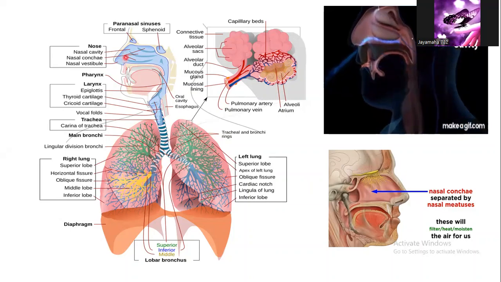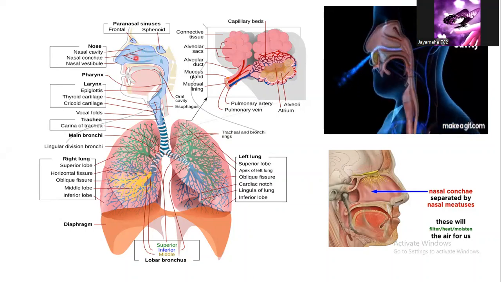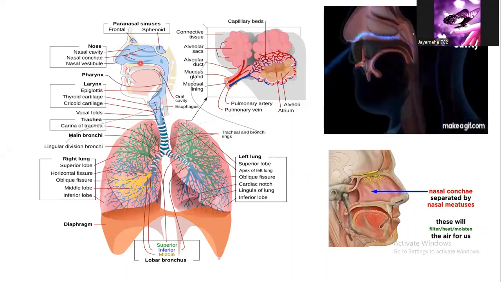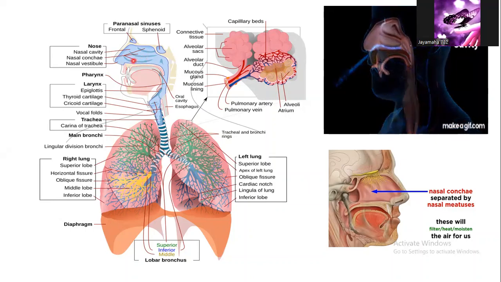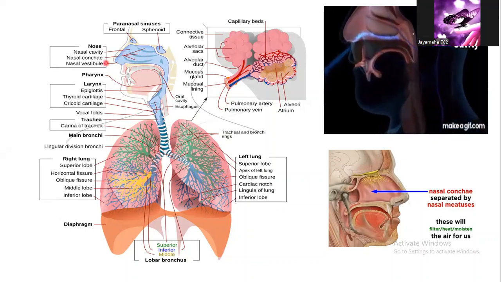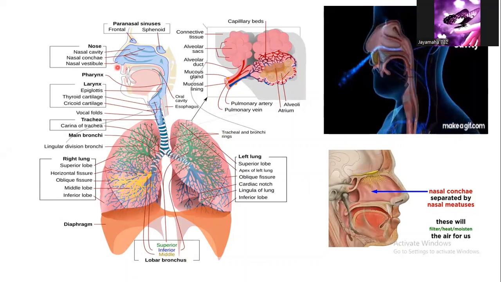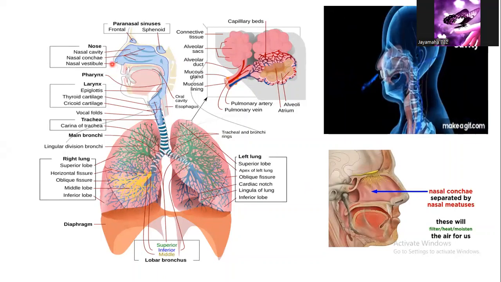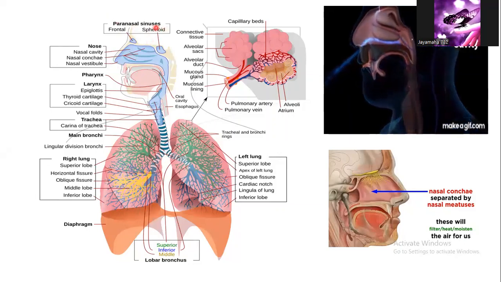has three parts: the superior nasal concha, middle nasal concha and the inferior nasal concha, which help with the filtering of the moisture and the heat. Then the nasal vestibules. These nasal vestibules have hairs for the filtering purpose. And this nasal cavity is surrounded by the paranasal sinuses.